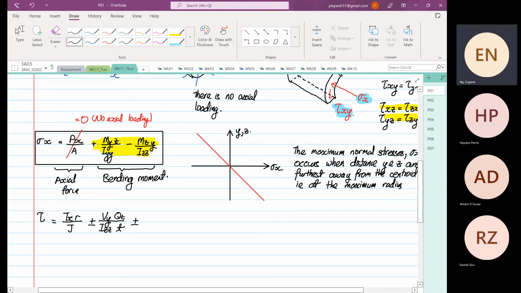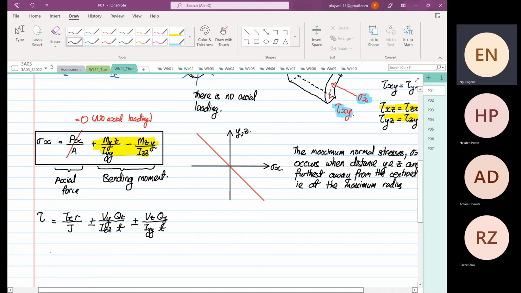I put plus or minus depending on the direction of the shear force, but it's not critical here, and I'll show you why. And the shear force Vz over Iyy, Qy over t.